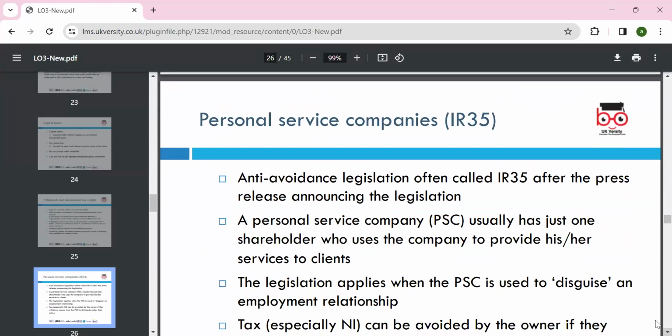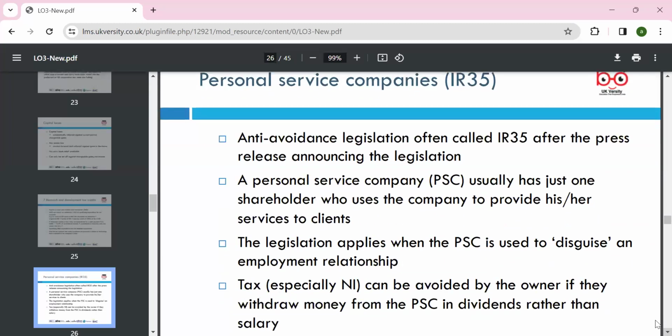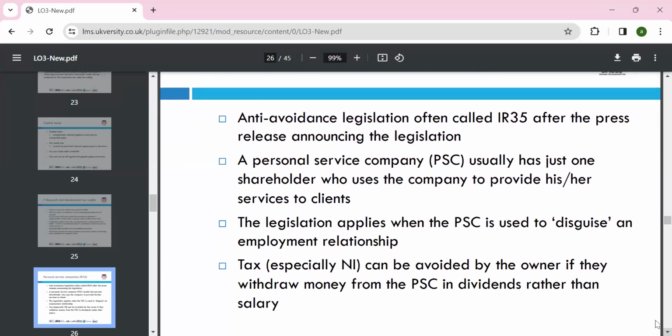The personal services company: IR35 is anti-avoidance legislation, also called IR35 after the press release announced. We can look at personal service companies, which usually have just one shareholder who uses the company to provide his or her services to a client.